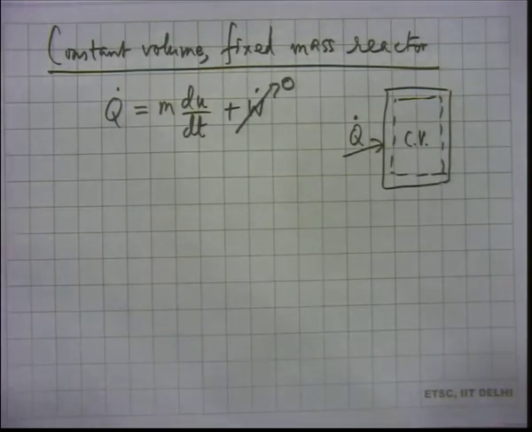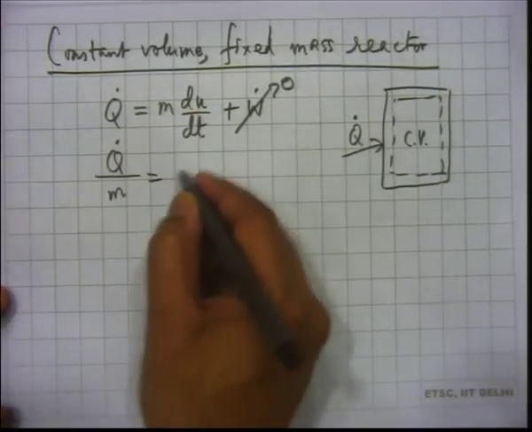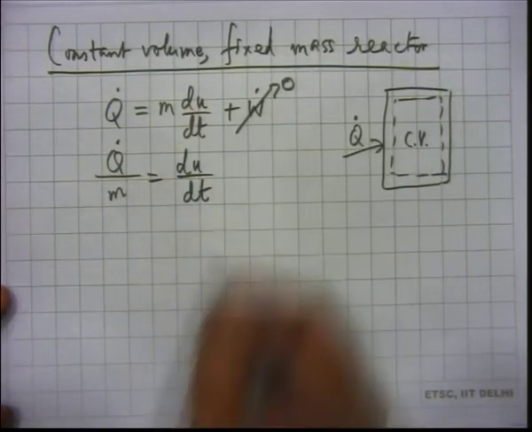Why? No volume change, because work done is supposed to be PdV, and PdV is 0 because there is no volume change. So, this is q dot by m equal to du dt.